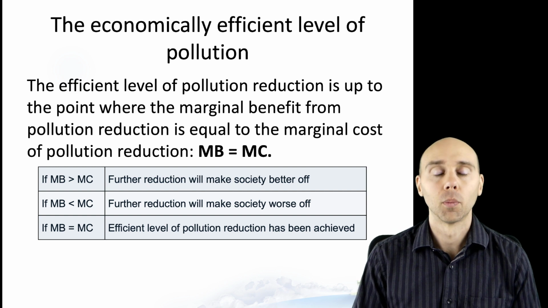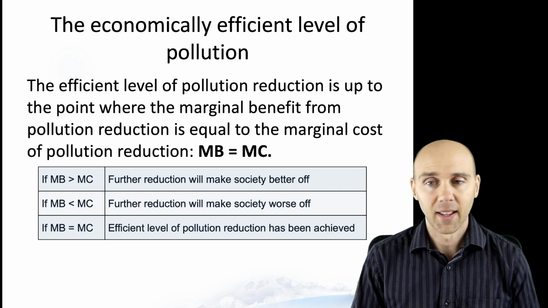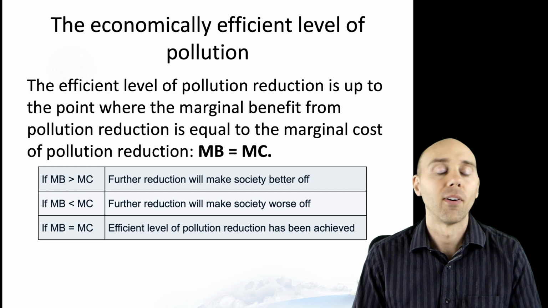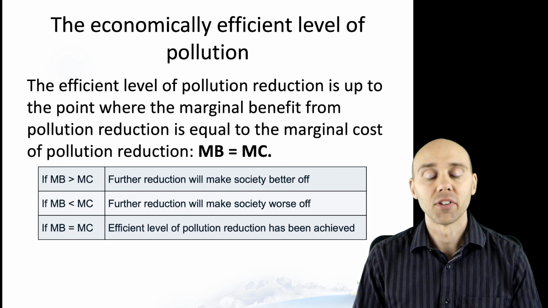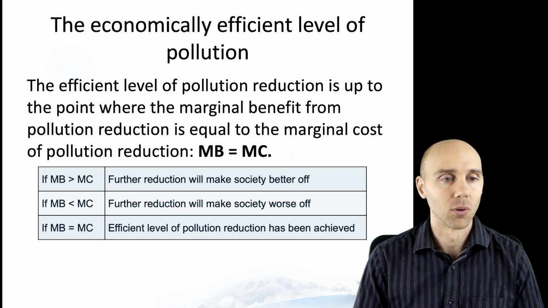But at some point, we'll get to a point where perhaps the benefit of reducing the next ton of emissions is actually less than how much it costs us. And then further reduction will just make us worse off. So again, we want to keep reducing until we reach that sweet spot where marginal benefit equals marginal cost.